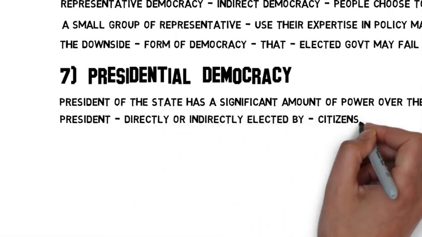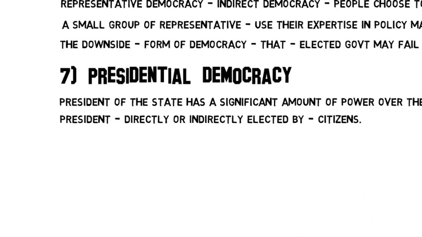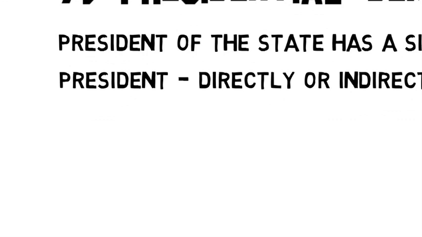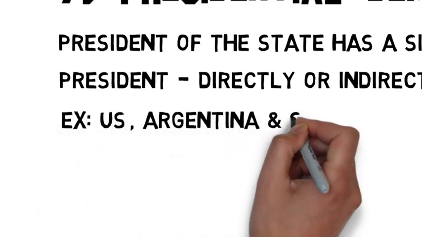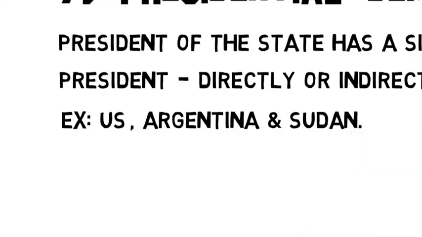Now we need to understand here that the presidential form of democracy is a system where the president of the state has more power over the government, and such presidents are elected either directly or indirectly by the citizens. And we have examples like the US, Argentina and Sudan, which have a presidential form of democracy.